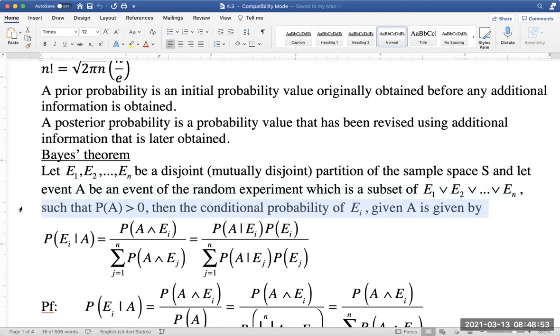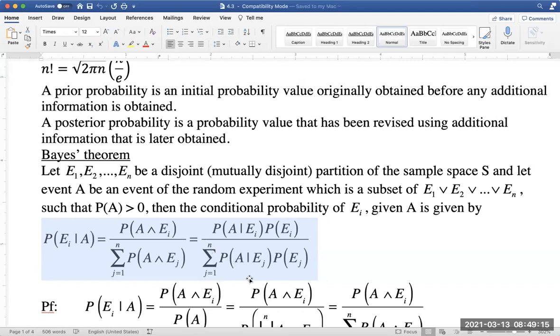Then the conditional probability of E sub i given A is the following. The probability of E sub i given A is the probability of A given E sub i times the probability of E sub i, divided by the sum j equaling 1 to n of the probability of A given E sub j times the probability of E sub j.